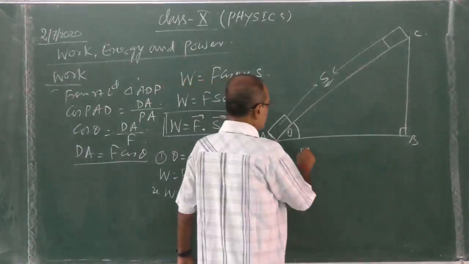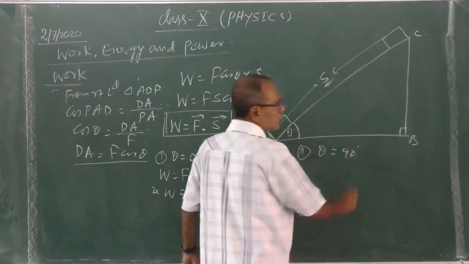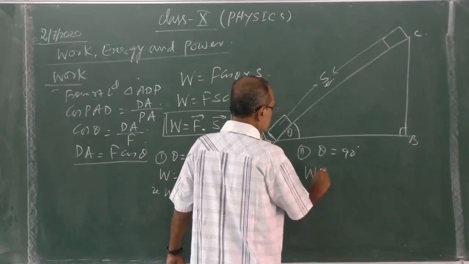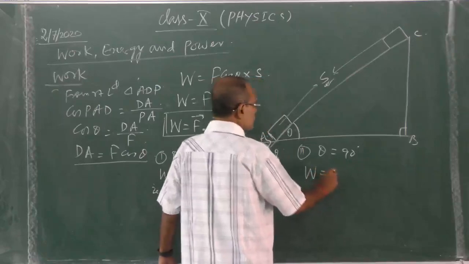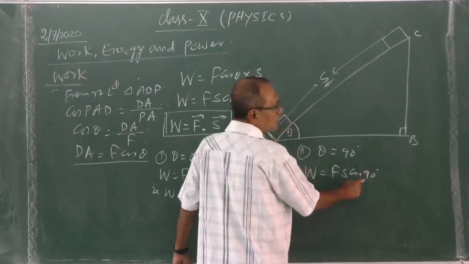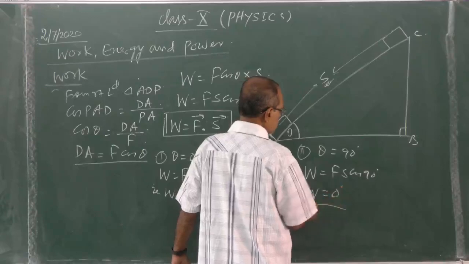Number two, when theta is equal to 90 degree, work done W is equal to F S cos 90 degree. Cos 90 is 0, so W is 0.